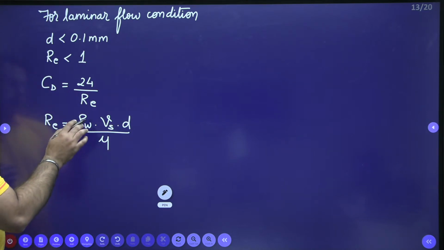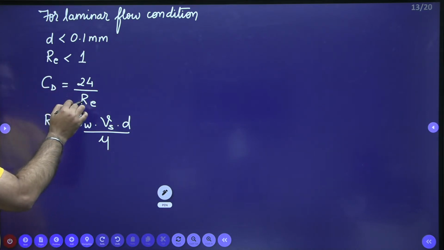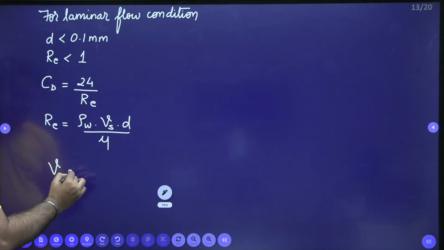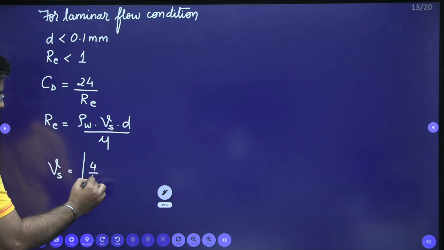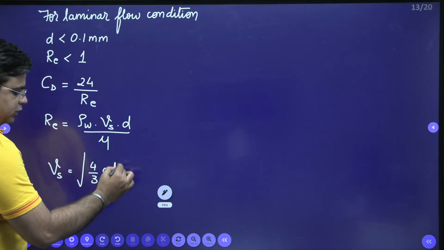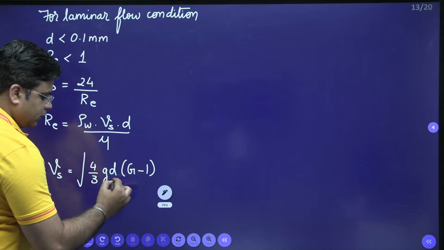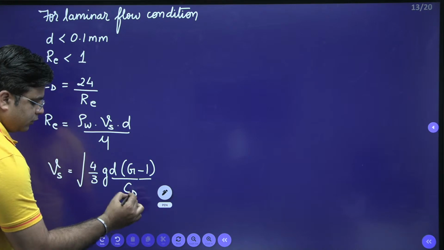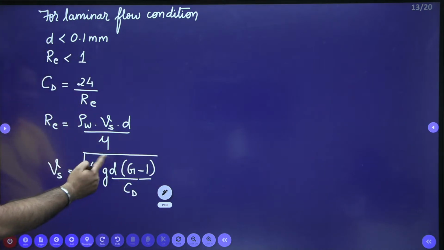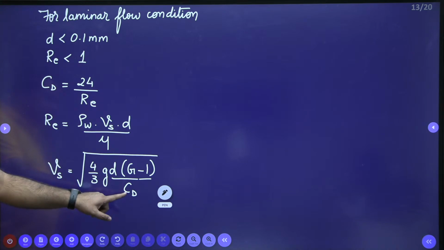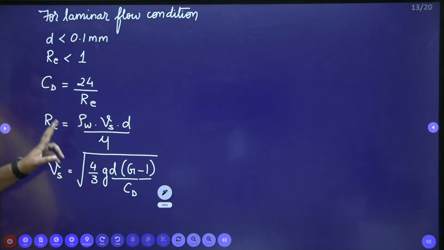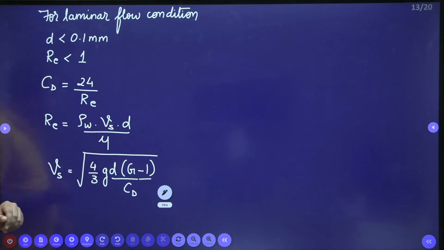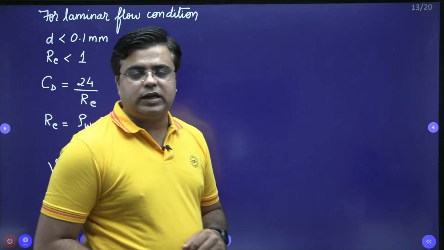Okay. So when you substitute the value of CD as 24 by Re in the previous expression, that is Vs is equal to under root 4 by 3 gd into G minus 1 by CD, and you substitute Re as rho w Vs d by mu, you will get one more expression of settling velocity.